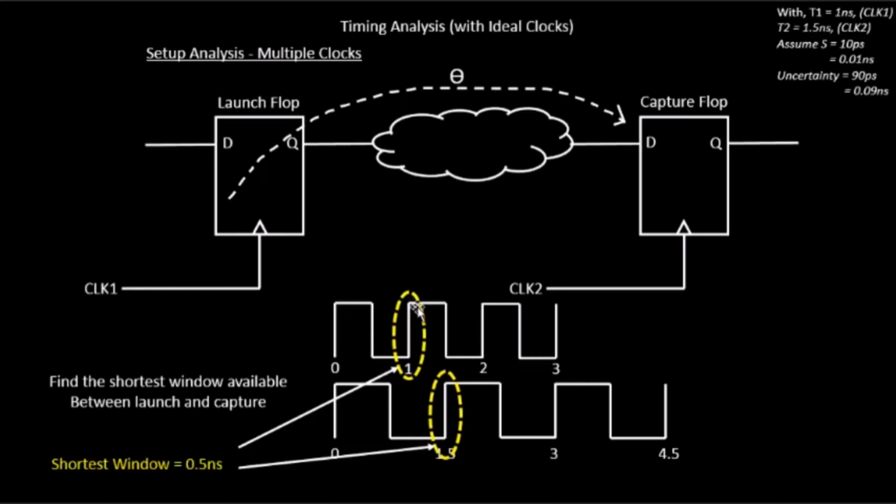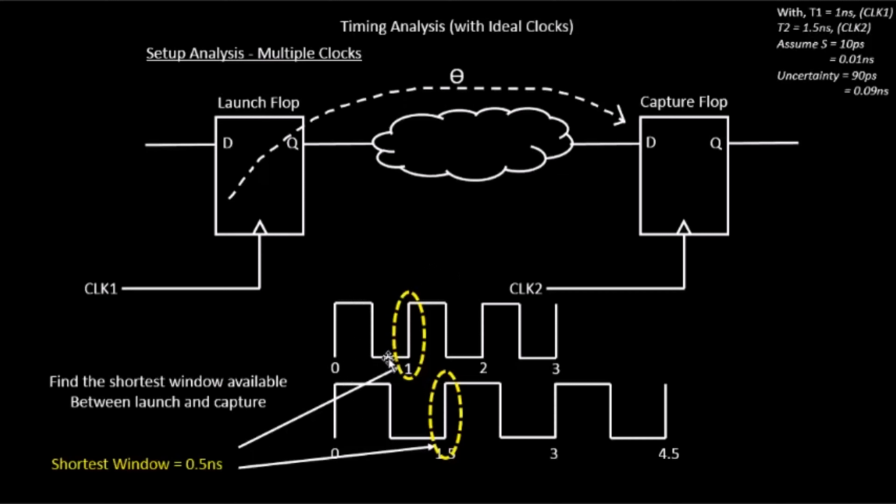In this case, when your data path delay was optimized for 0.9 nanosecond, it will violate this scenario by 0.4 nanosecond. The window available is 0.5 nanosecond, but your data path delay is 0.9 nanosecond, so this scenario might get violated. So we have to take care of this kind of scenario as well.